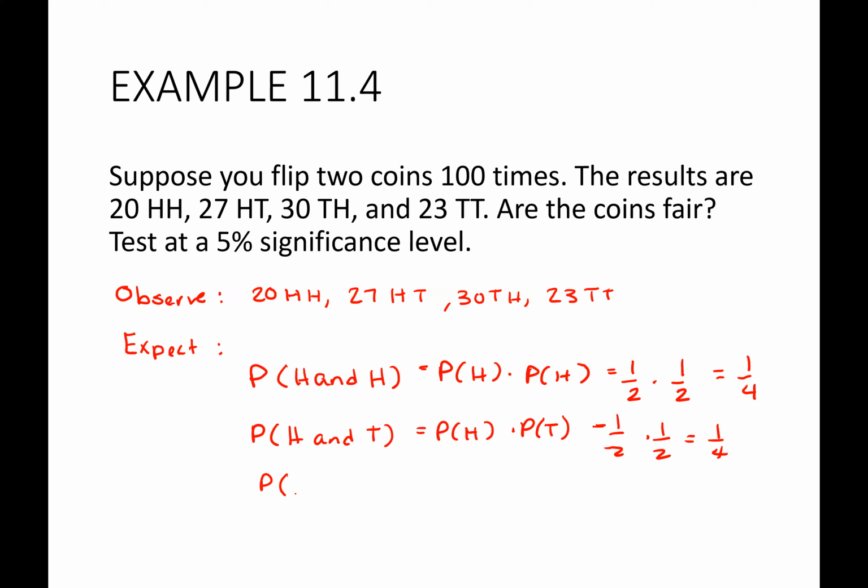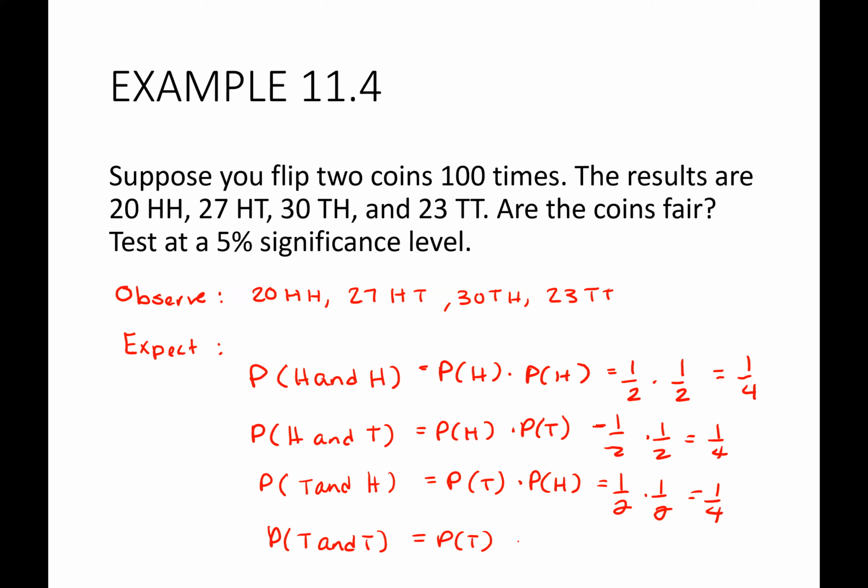The probability of getting a tail and a head would be the probability of getting a tail times the probability of getting a head, which again would be 1/2 times 1/2, which is 1/4. And the probability of getting two tails would be the probability of getting a tail times the probability of getting a tail, which would be 1/2 times 1/2, which would equal 1/4.